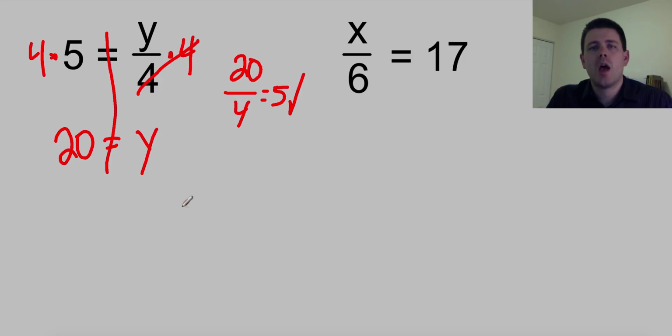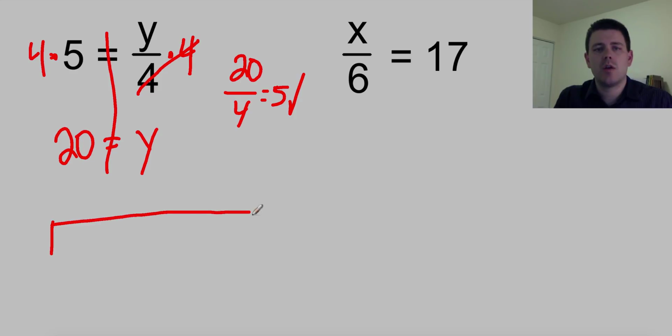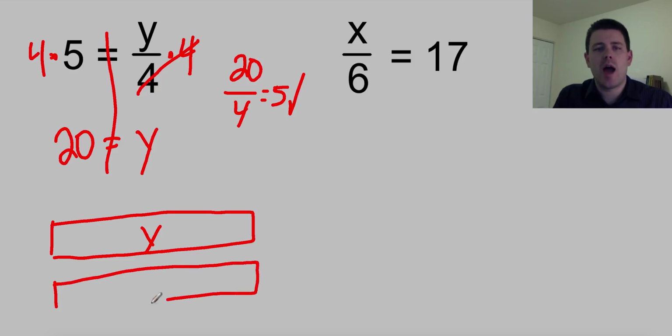Okay. All right. Now let's do our bar diagram. The division ones are just a little bit different, but we can kind of see how to put it all together. So we start with our total amount y. And it says we want to break it up into 4 pieces. So underneath, we're going to show how it would look if it were divided up into 4 parts.